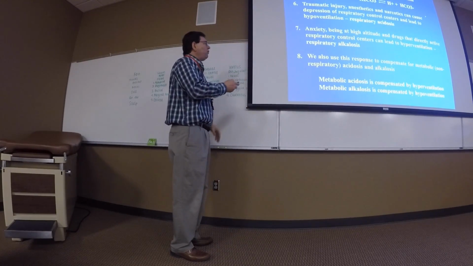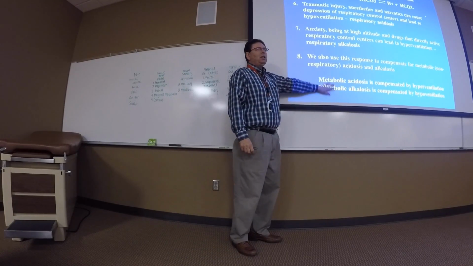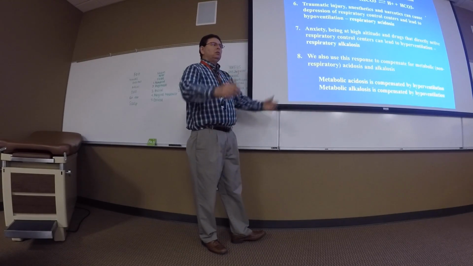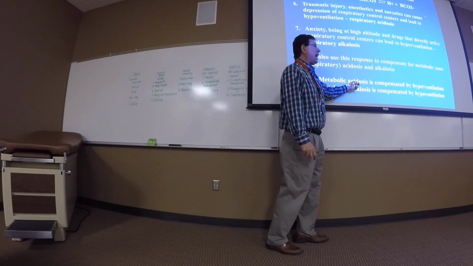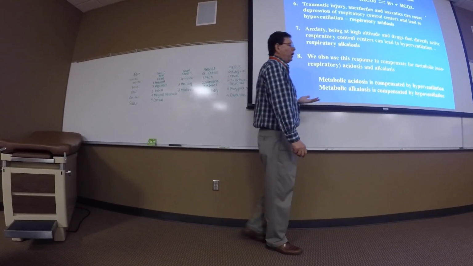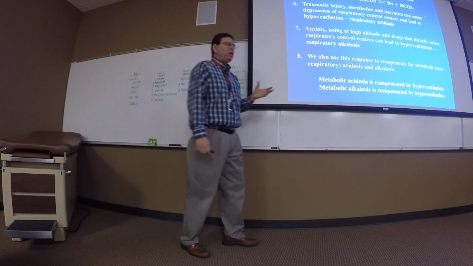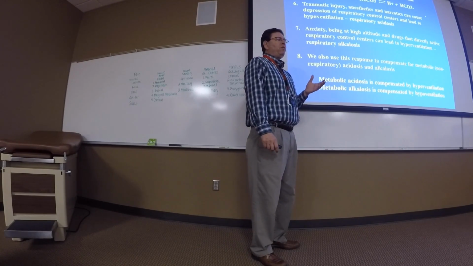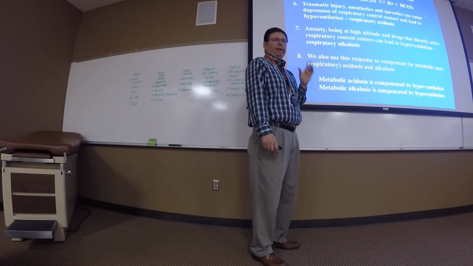So this is if there's something wrong with your respiratory system. But what if something is causing a pH imbalance in the body? Well, the respiratory system can come to the rescue. If for some reason you have a metabolic acidosis, there are a lot of different ways of getting a metabolic acidosis. You will have patients that will be drinking 4 and 5 liters of Diet Coke a day.